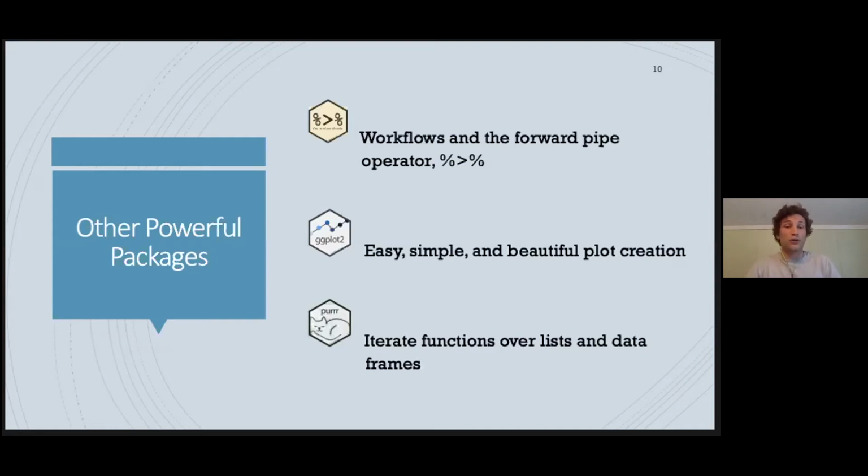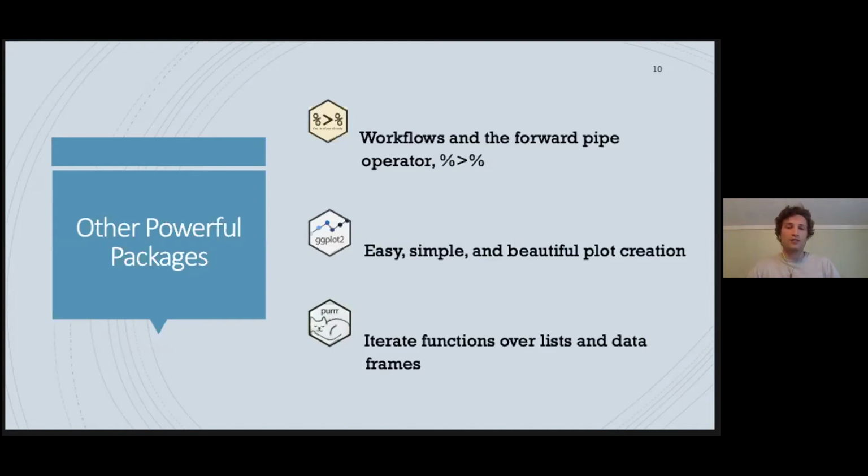And the final package that I just wanted to mention, we're not going to get into it, but it's called purrr, and it basically introduces various permutations of the map function, if that's something you're familiar with from other coding languages. But what it means is that mapping something allows you to iterate a function over different elements of lists or different portions of a data frame.